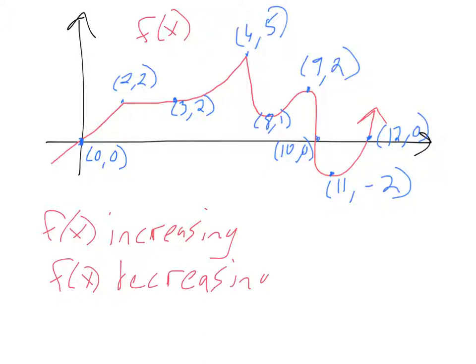Okay, looking at this function now, we're trying to identify which intervals f(x) is increasing and which it is decreasing. Someone asked a good question: let's say that over the interval from 2 to 3, we have a horizontal line. So f(x) is increasing over which intervals, do we think?